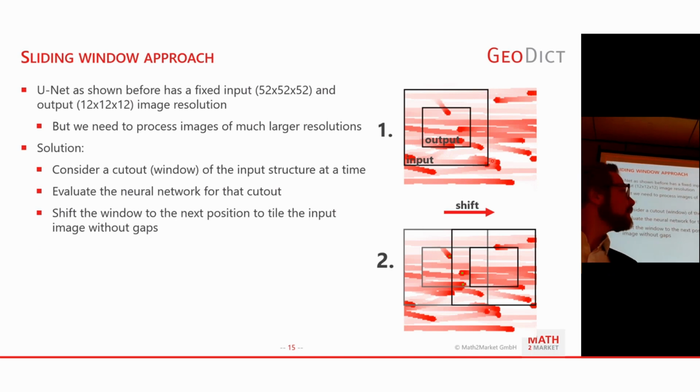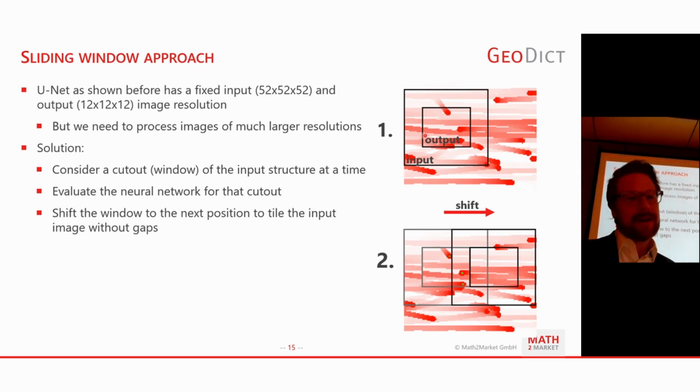What you can see here in the first step, assuming we have our input image in the background, is that we place our input window in the very upper left corner, at corner 0, 0, 0 up here, and we grab all these 52 by 52 by 52 voxels, feed that into the neural network, and the network will deliver an output for only this smaller window in the center of that input window.